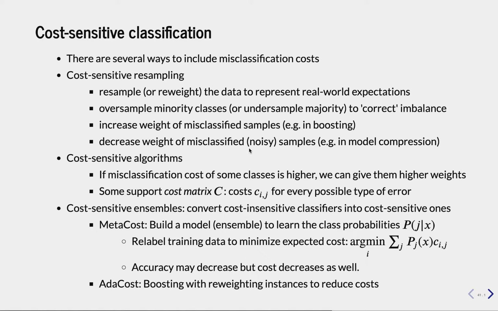But it would still make some misclassifications. And then you assume that those misclassifications are there because the data is inherently noisy. It can be label noise. Some points can be mislabeled or can be mismeasured, so their values are slightly off. So what you can do is decrease their weight or remove them entirely from the data set.